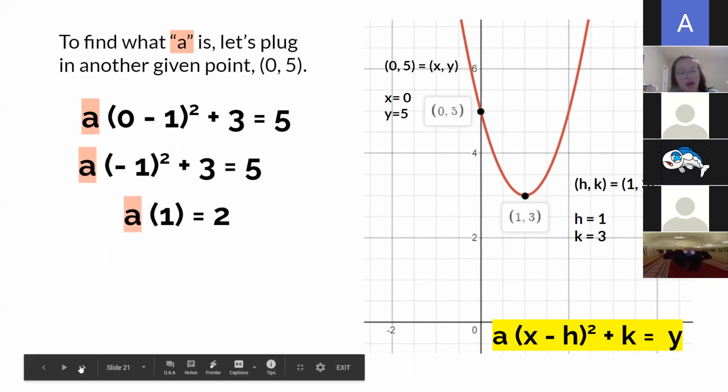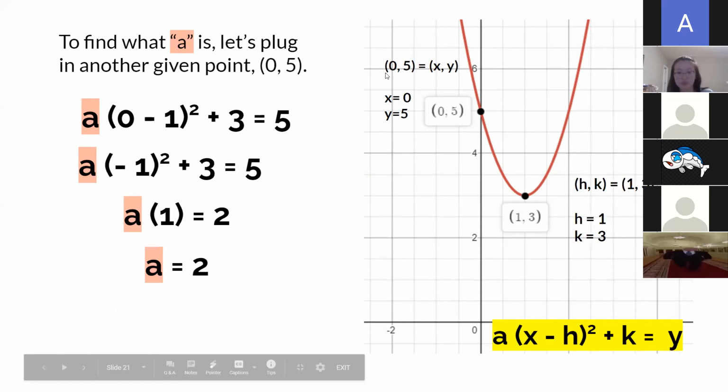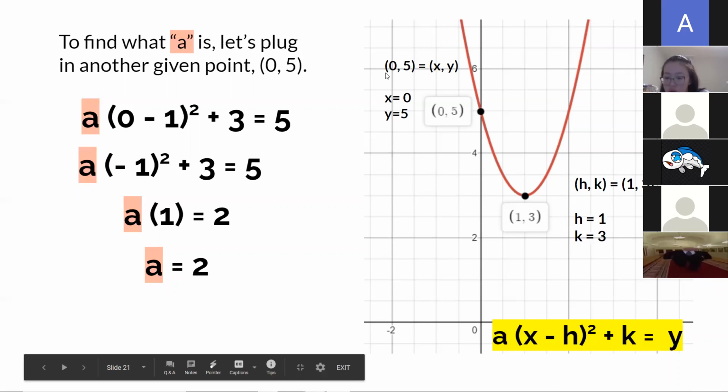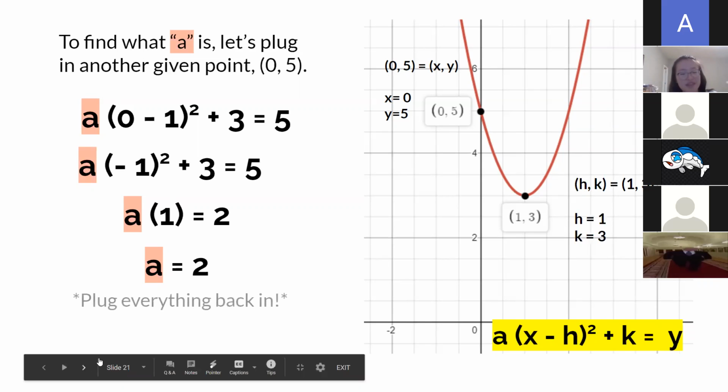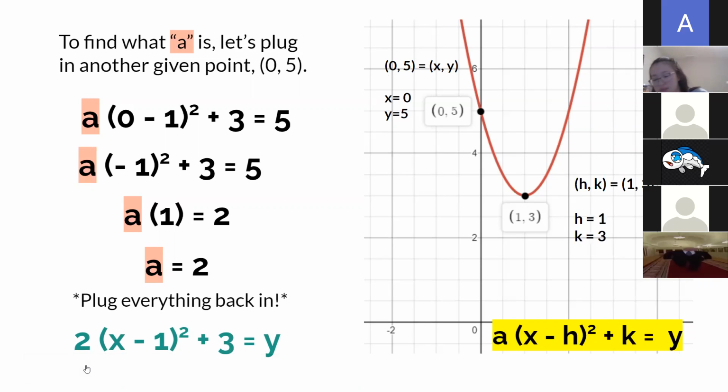Simplify, and we get a equals 2. Then we put everything together and we get vertex form. Does anybody have any questions?